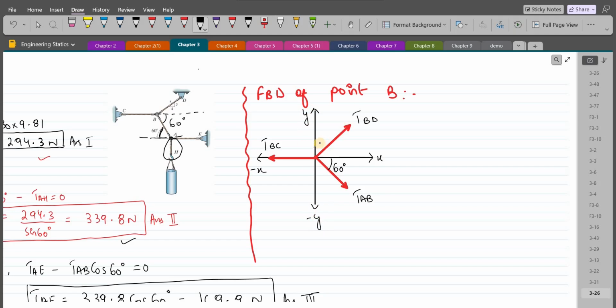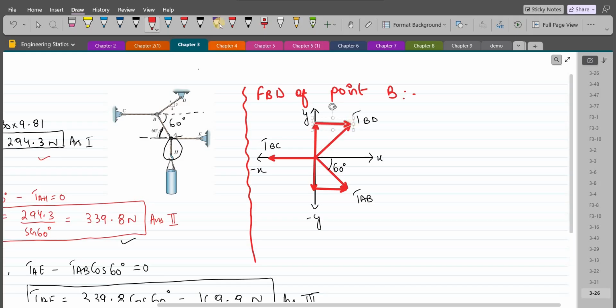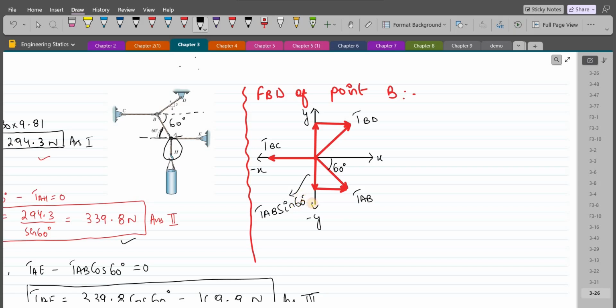So now we have to resolve the forces TAB and TBD into their components. So for the force TAB, we have a vertical component and the horizontal component. And for the force TBD, we have a vertical component and the horizontal component. Let's label them. So the vertical component of TAB force is TAB sin 60 and the horizontal component is TAB cos 60.